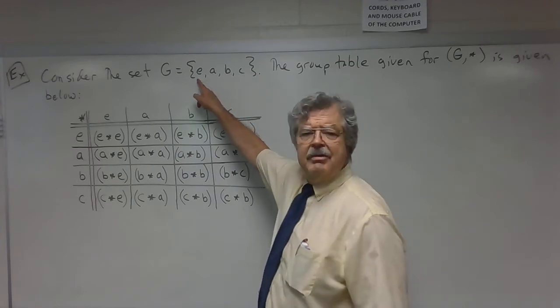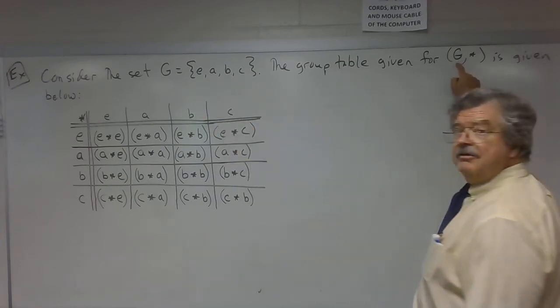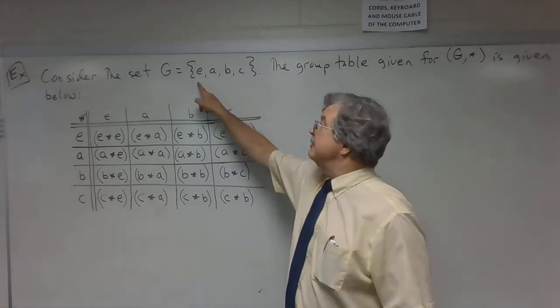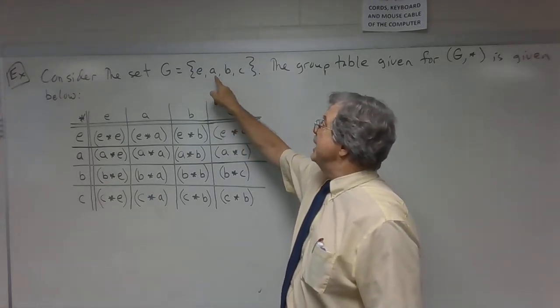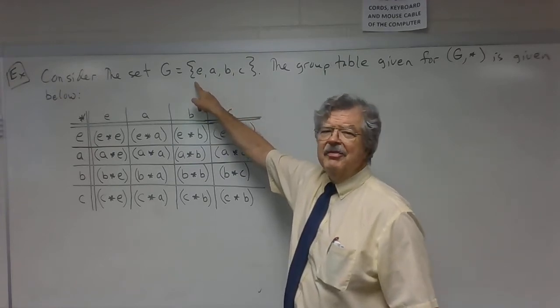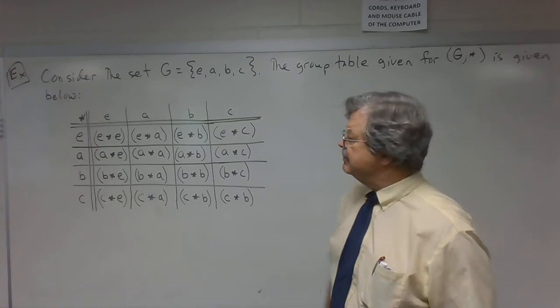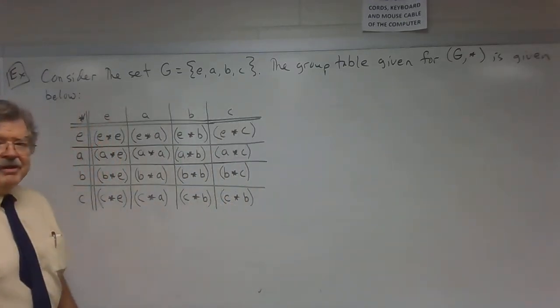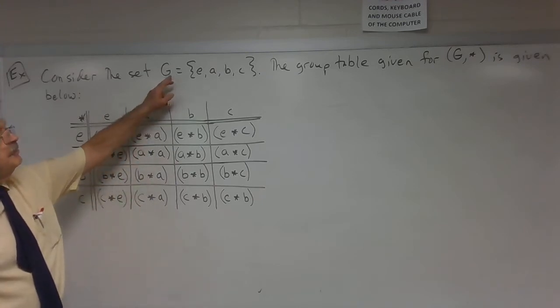Consider a group G star where the group G contains four elements, E, A, B, C. And E, traditionally, we let that be the identity element. This is what the group table for G would look like.